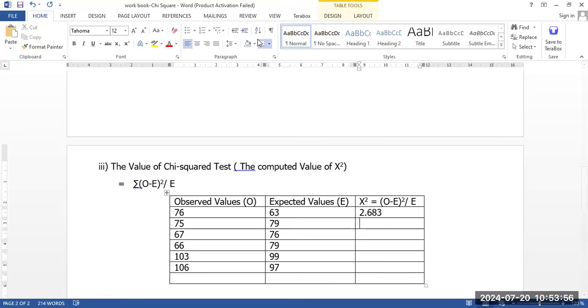Colleagues, that's what you all have. Yes. Then what is the next value? It is 0.203. Then next.